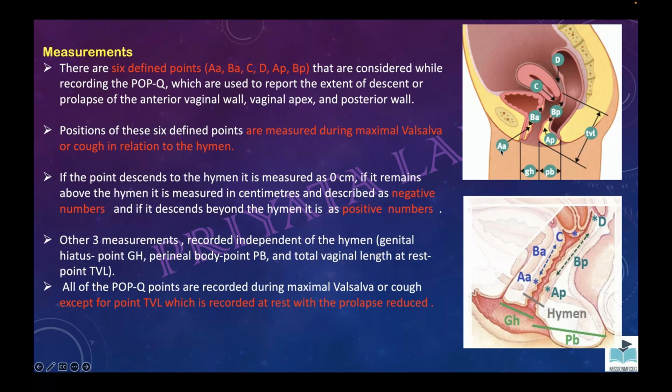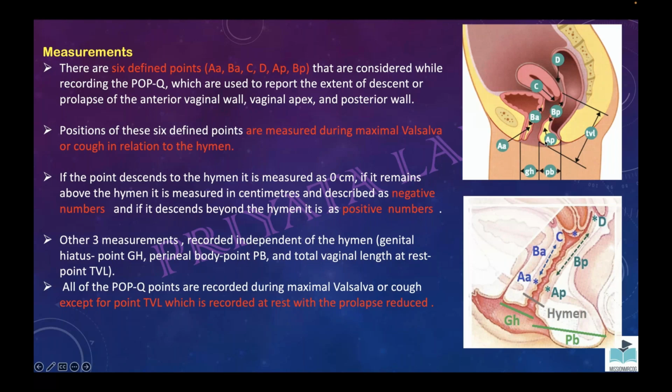Now come to the lower part of the grid, that is for the posterior wall and posterior fornix. So points Ap, Bp, and D will be there. Coming to Ap, it will be the same as Aa, that is 3 centimeter proximal to the hymen. If there is no prolapse, Ap and Bp will be -3.